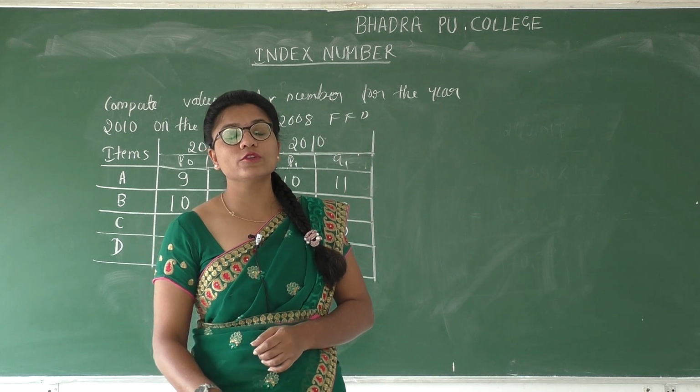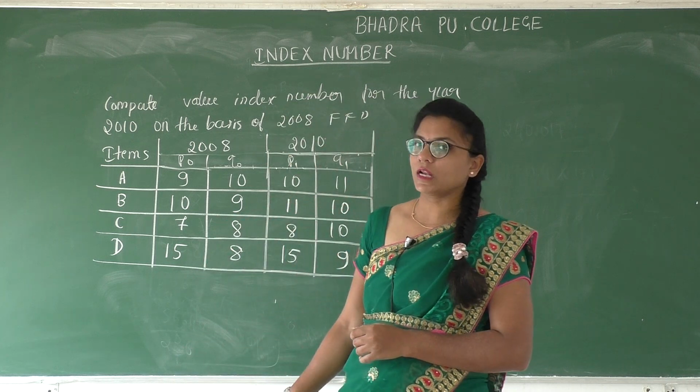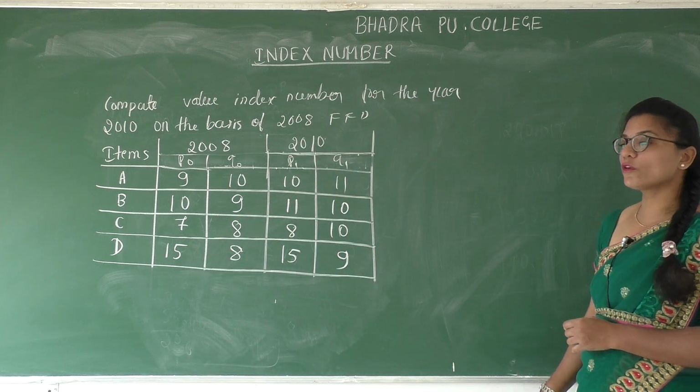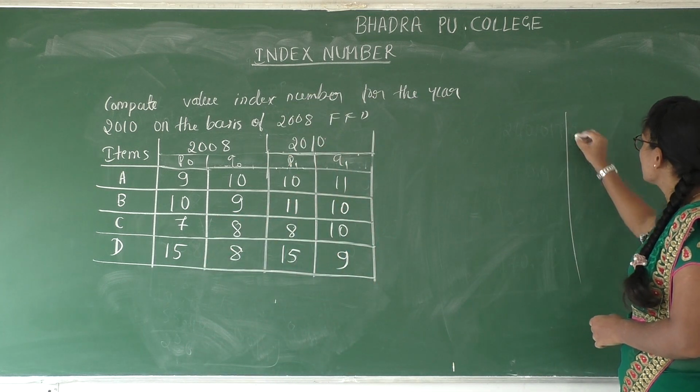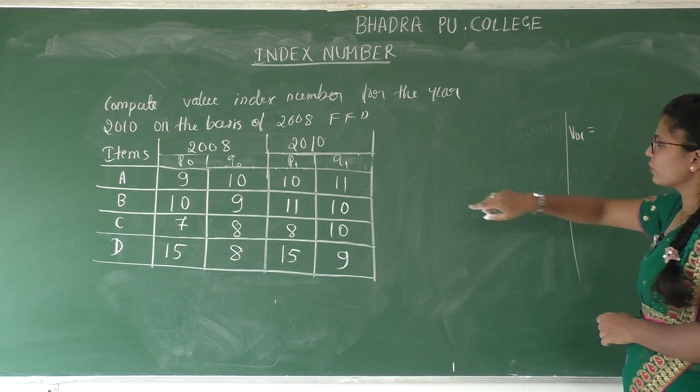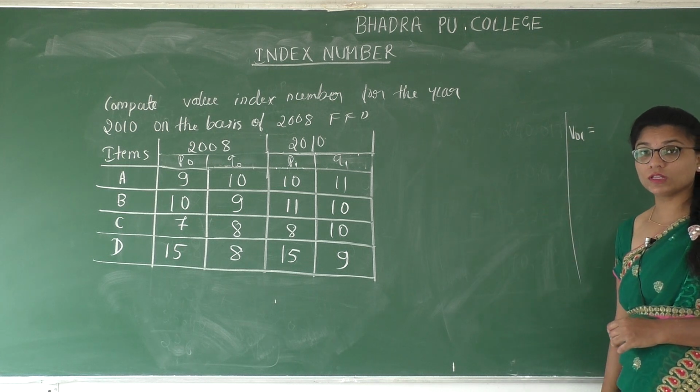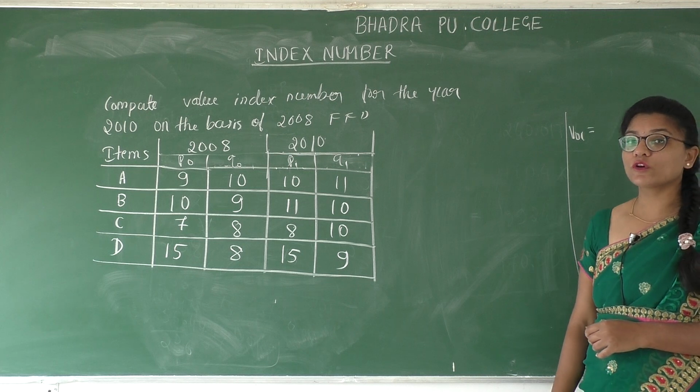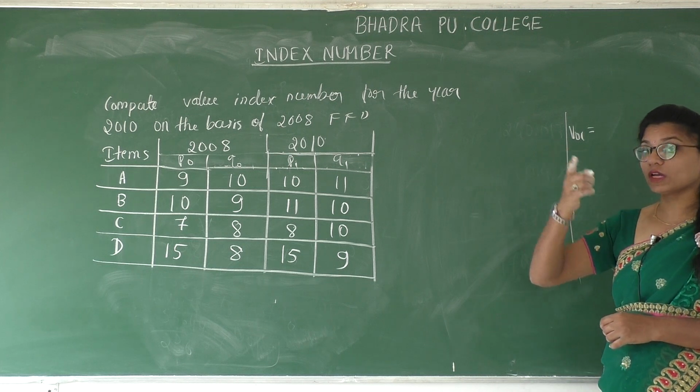So you need to find the value index number. Write the formula using P0 and Q0.